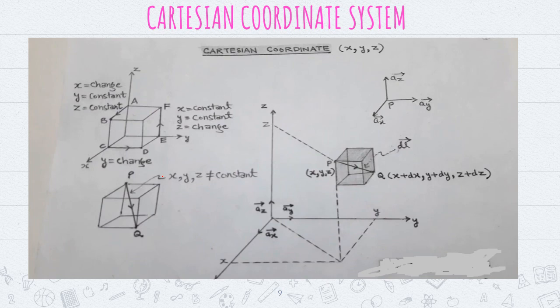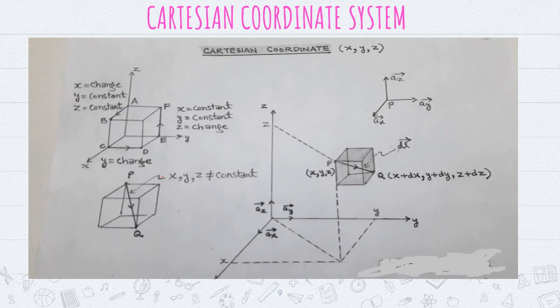The dx is along the x direction. If you see this figure, the segments DE and AB are all called the dx side, the side along x.